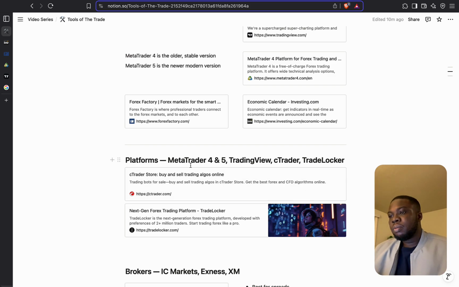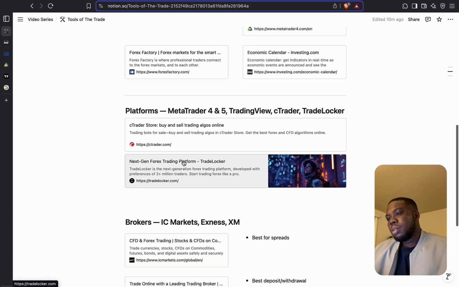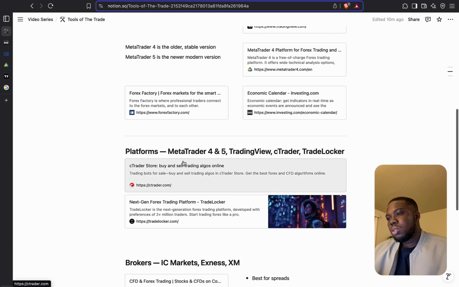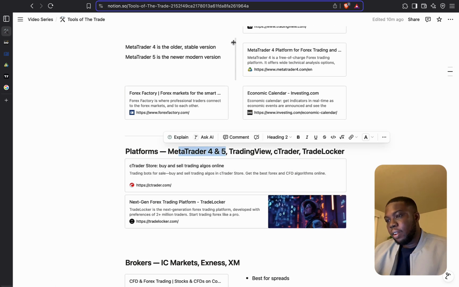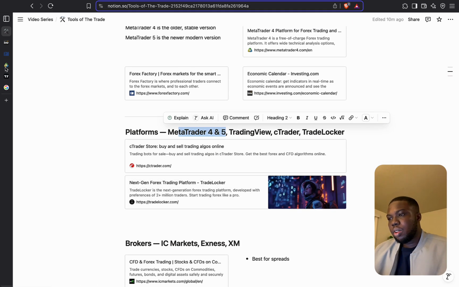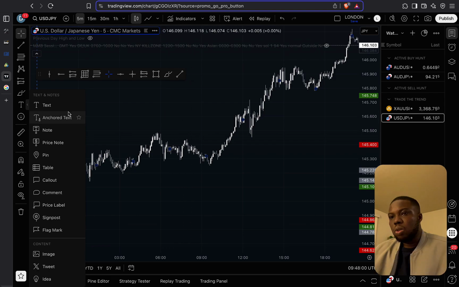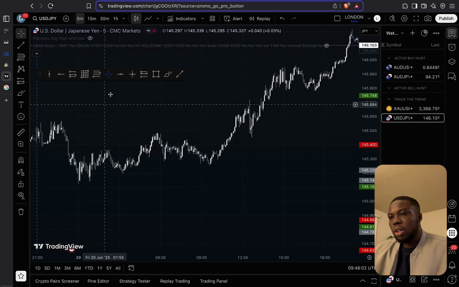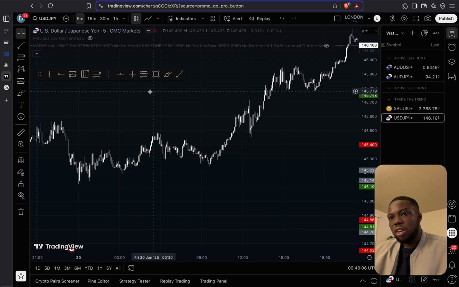So that's it for the apps, and then moving to platforms. The MetaTrader 4 and 5 I've spoken about already, so we are not going to talk about them. TradingView, we also have it here. Now TradingView, you can access it online, or you can have an application of it.